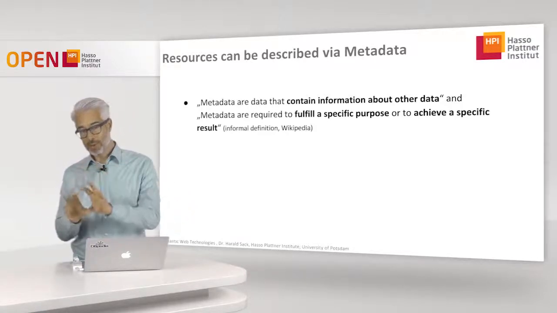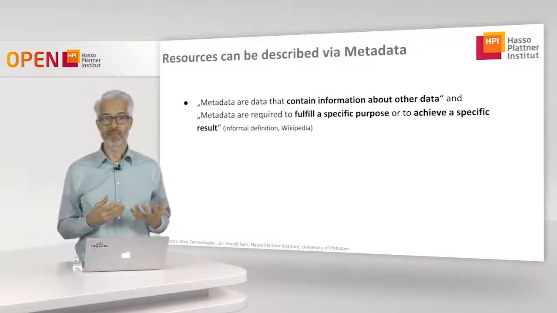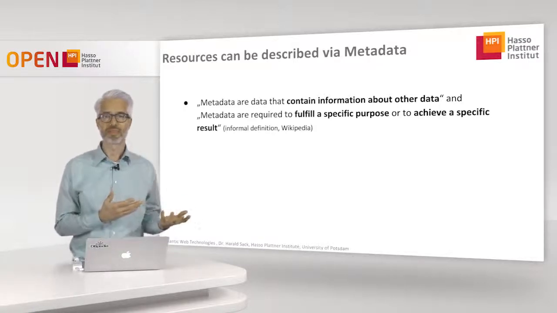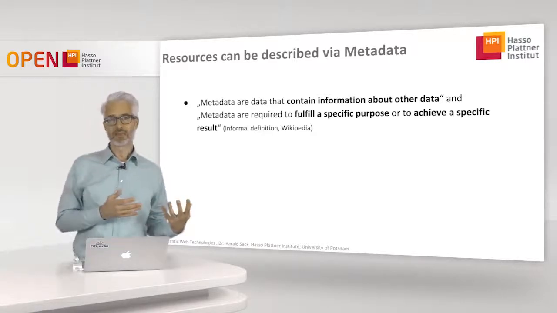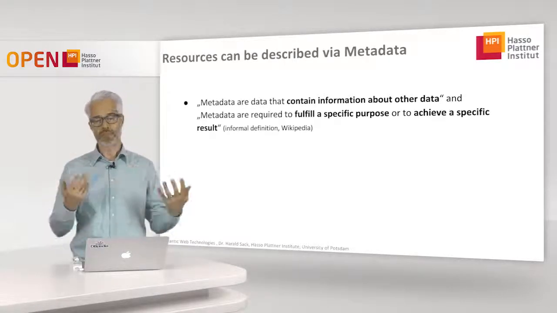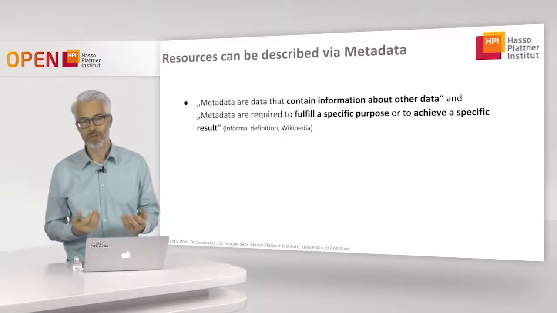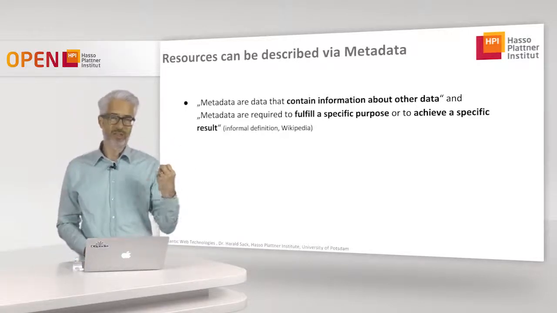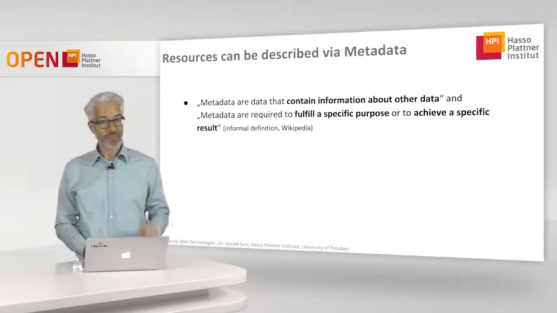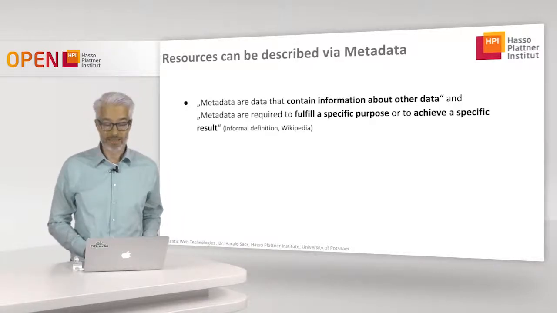The purpose that you need the metadata for defines what kind of metadata you need. And metadata are also required to achieve a specific result, like, for example, you want to find the document again. Therefore, you need, for example, a content-based description. That would be metadata in that sense.